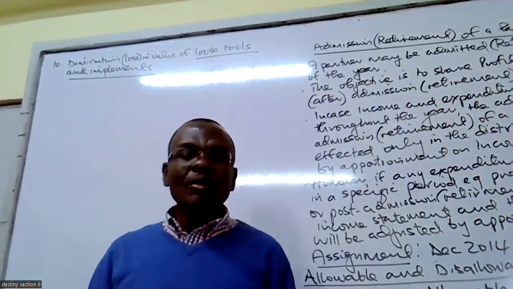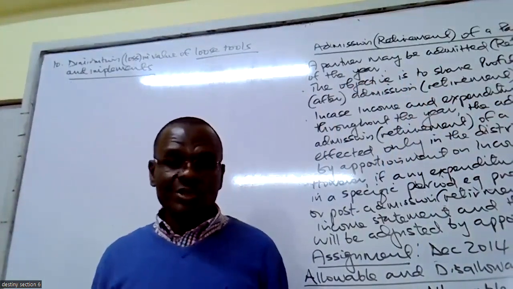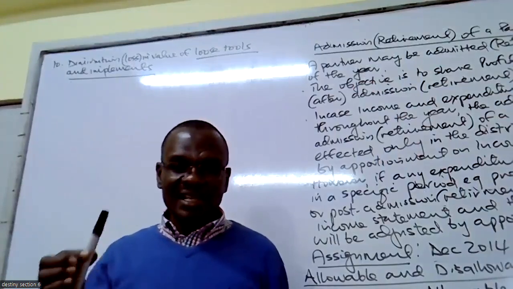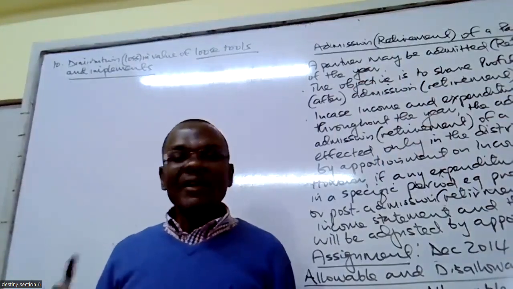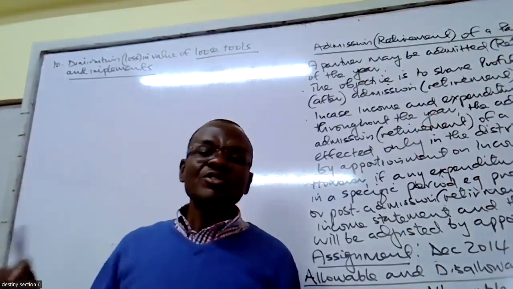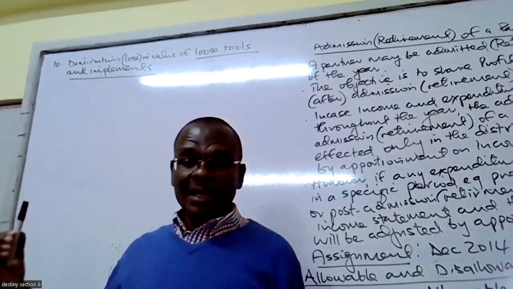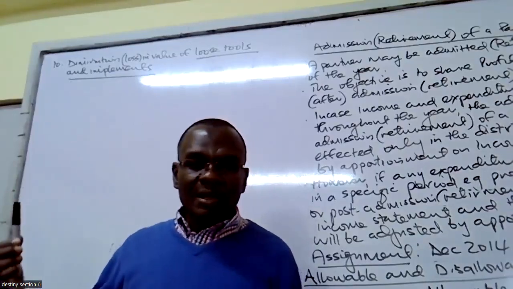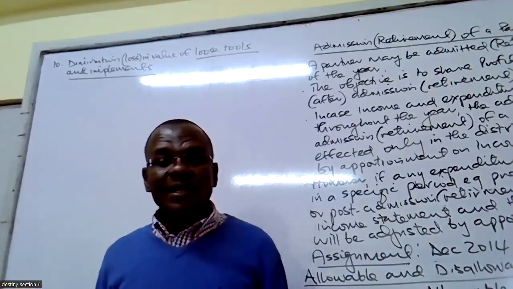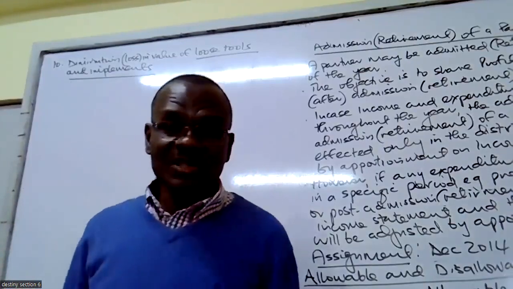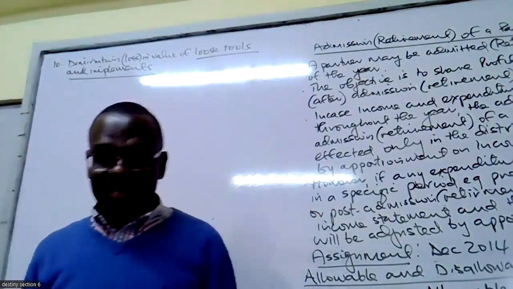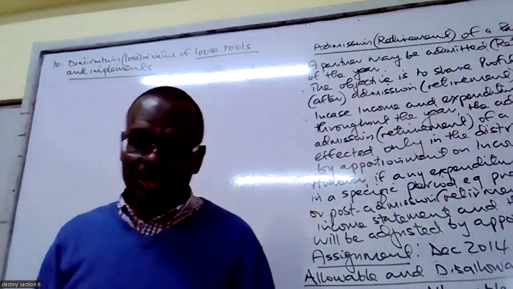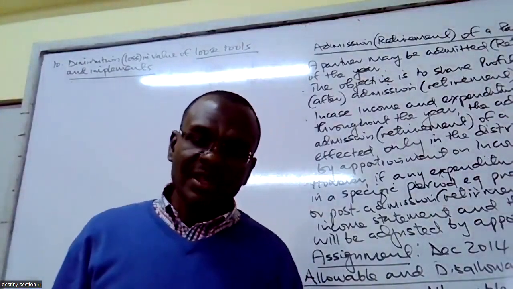So that contribution to the research institute will be allowable as an expense. However, if BAT contributes to research in KEMRI, Kenya Medical Research Institute, that research is not related to the business of BAT, so it will not be allowed.